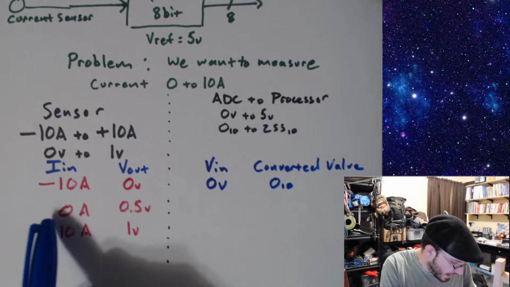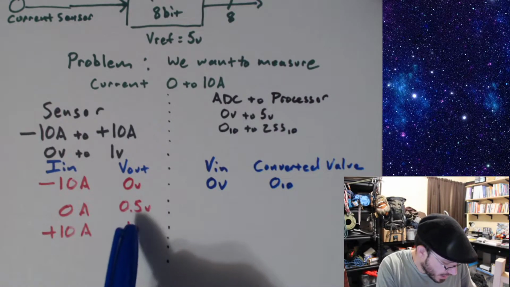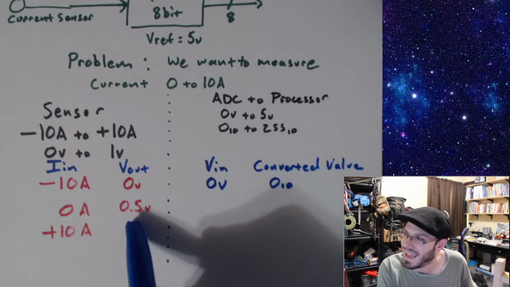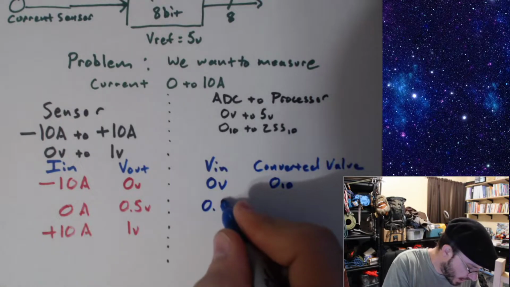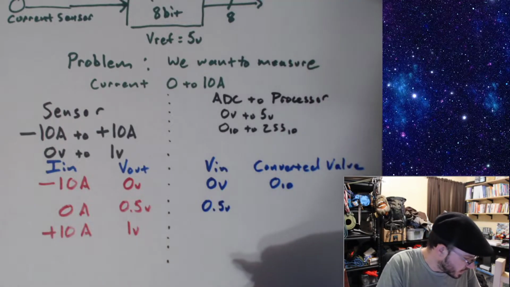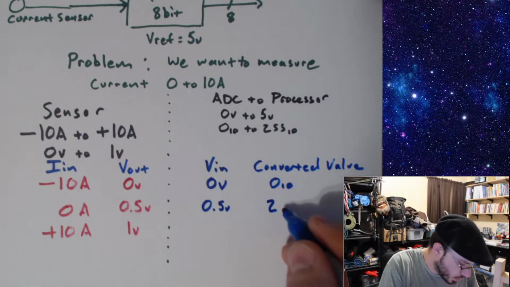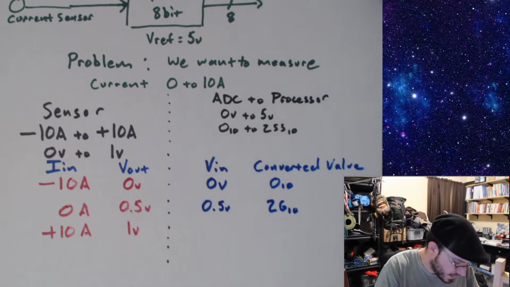Okay, what about 0 amps where we get 0.5 volts coming out of the sensor? Well, 0.5 volts gets converted to 26 base 10.